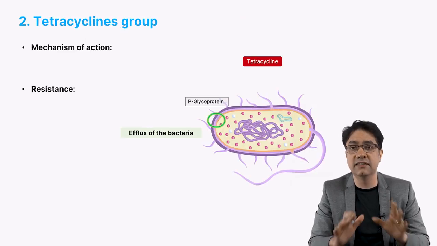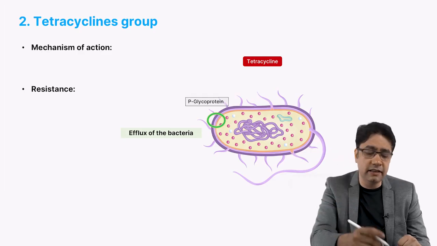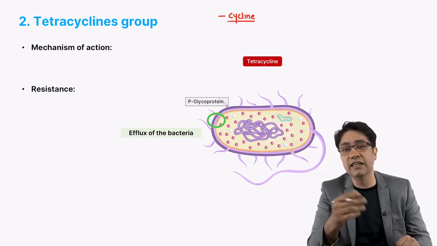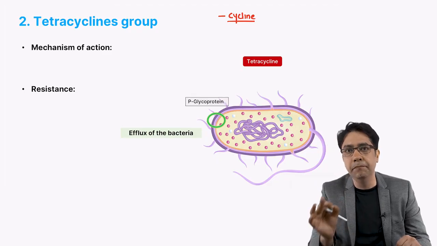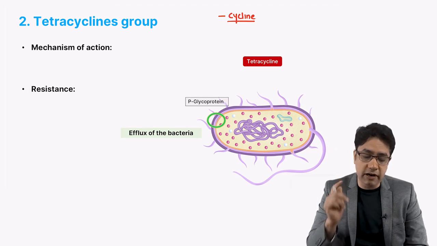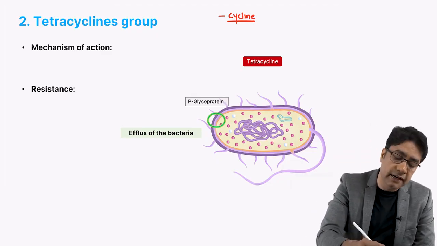Second one we have is a group, tetracycline group. Remember one thing, any drug in tetracycline group will end with the word cycline. So if I say doxycycline, minocycline, they all will be under tetracycline group. Recall what was the mechanism of action of tetracycline.